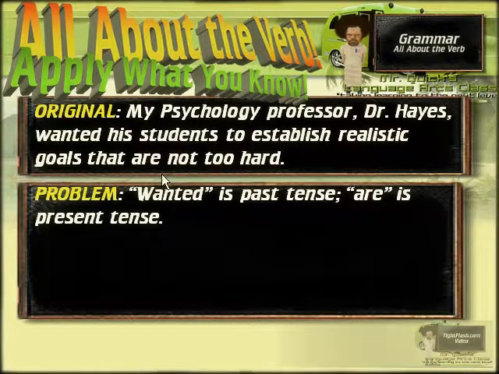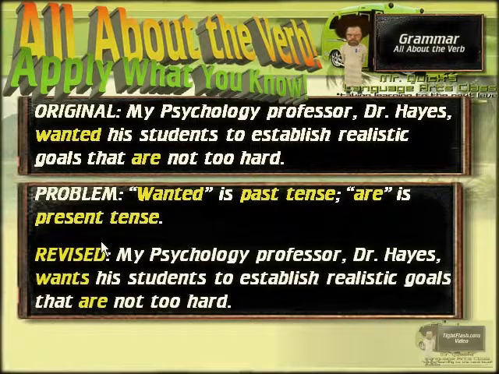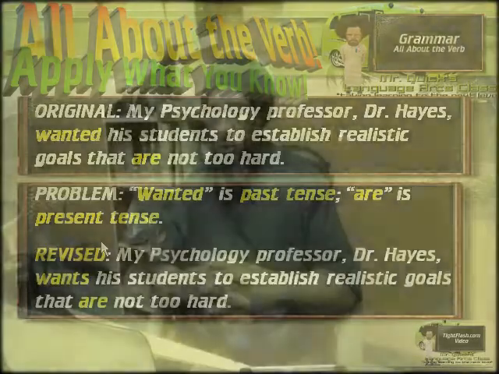Well, obviously wanted is past tense and are is present tense, and it just doesn't fit the way it is in the sentence. So we're definitely going to have to change that. The way we would change that is we would say Dr. Hayes wants his students to establish realistic goals that are not too hard. Wants and are are present tense, and this is how we should have it.